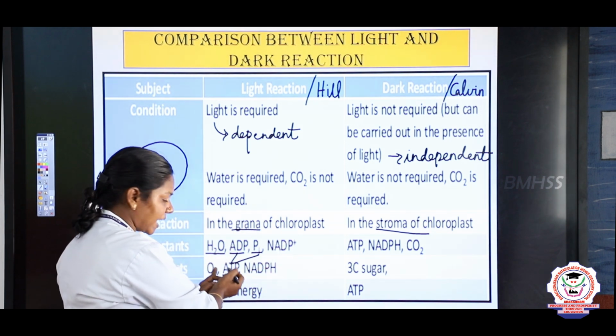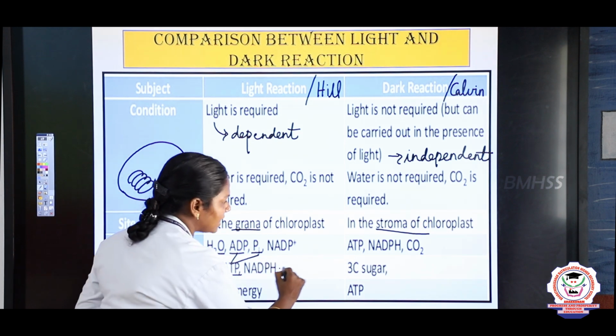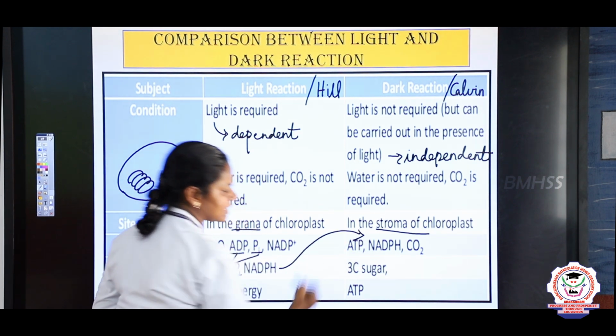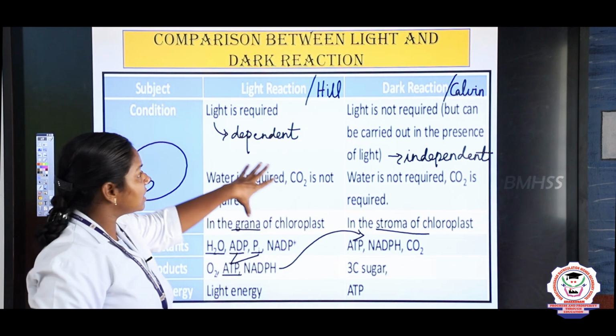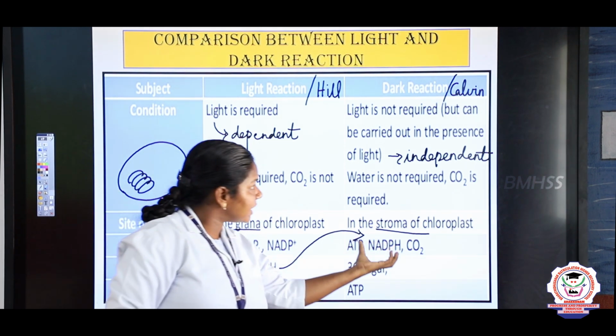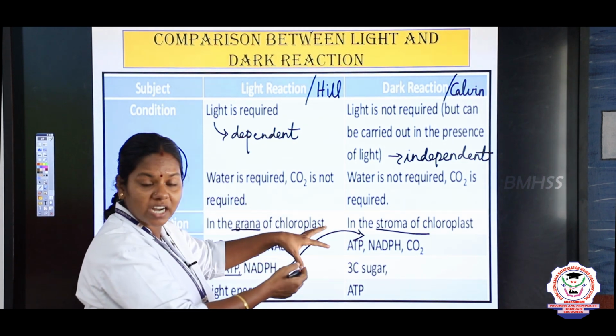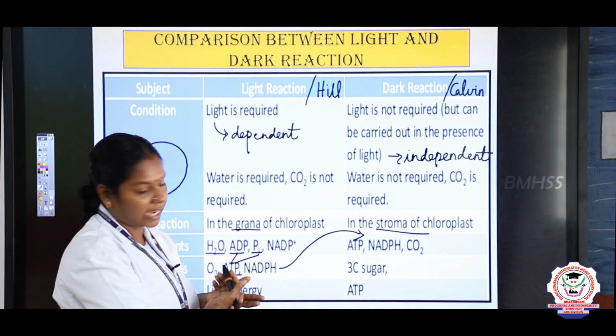What is produced here? ATP is produced, NADPH is produced, and the dark reaction uses this energy because the light reaction uses the sunlight. In the absence of sunlight, the dark reaction takes place with the products of the light reaction, what is obtained during the light reaction.